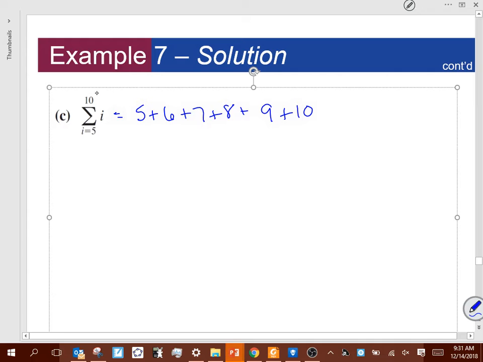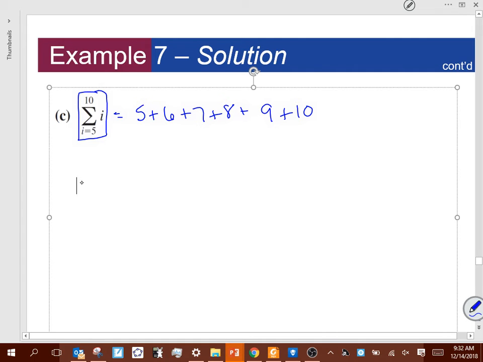Eventually I'm going to be asked this, but I don't want to really use that process. I don't want to just write all 6 of those terms down and add them up. Would this make sense? I'm missing 1 plus 2 plus 3 plus 4 in that list, right?